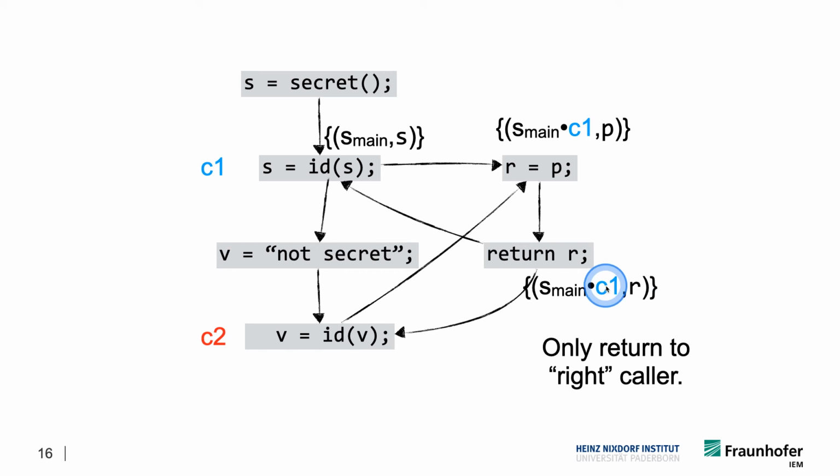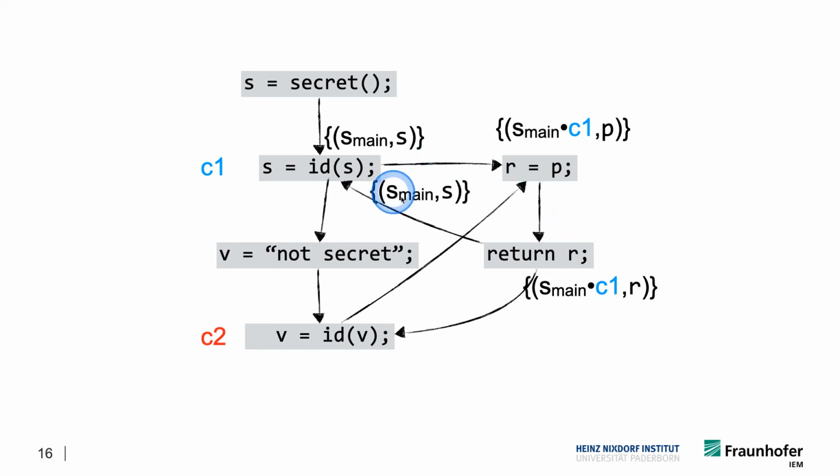Because now we can look at the stack, we can identify that C1 is actually the relevant stack frame here, and therefore this should only be returned to this calling context here, so we will be returning S main S to just after this call site, and only there. So we will not be returning anything at all to this program point.